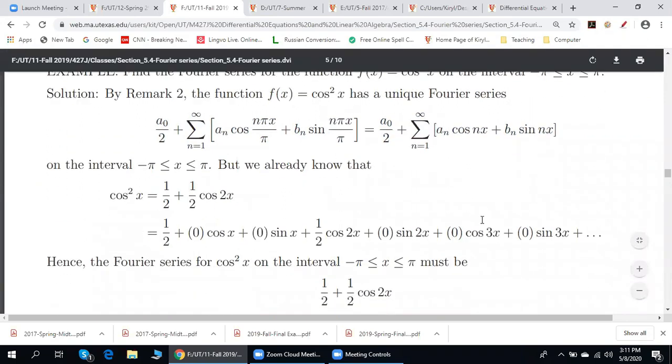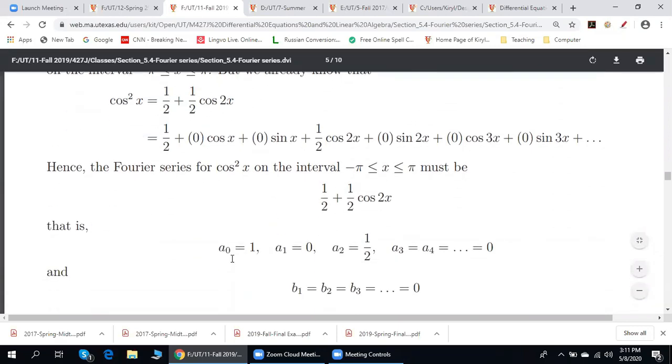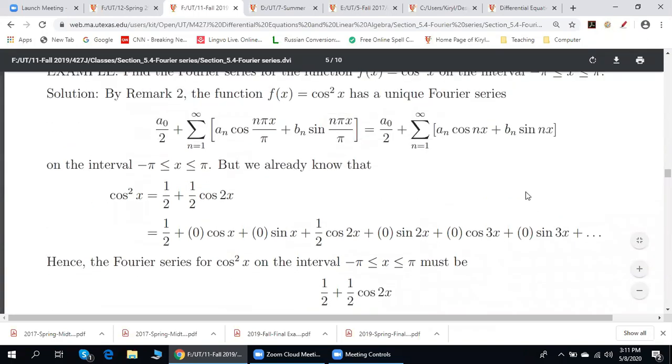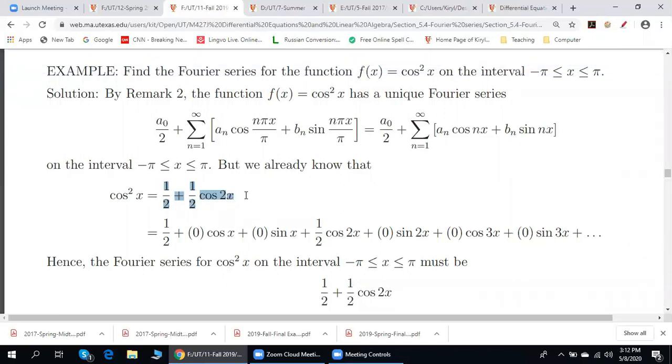Lastly, note that if in this formula we put a_0 is 1, a_1 is 0, a_2 is 1/2, and all other a's and b's are equal to 0, then what is written here becomes this, which is identically equal to this. Conclusion: the Fourier series of cosine square over the interval between negative pi and pi is this one. And we do not need formulas to come up with this series.